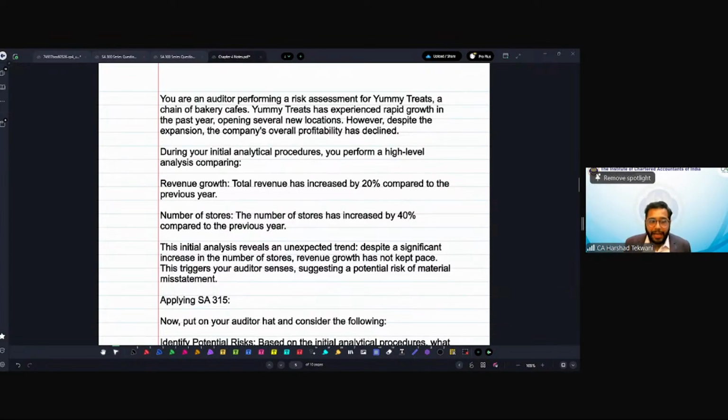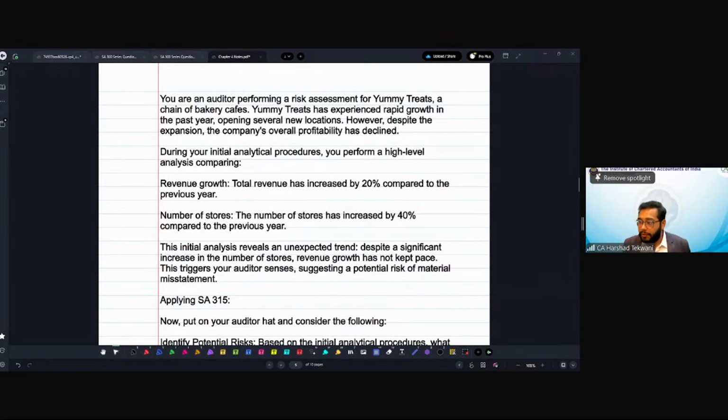As a result, there could be risk of material misstatement involved. There could be different types of risk, so we need to understand which risk is there and which risk is not there. Based on that, we need to do further procedures. But yes, this gives me an insight.